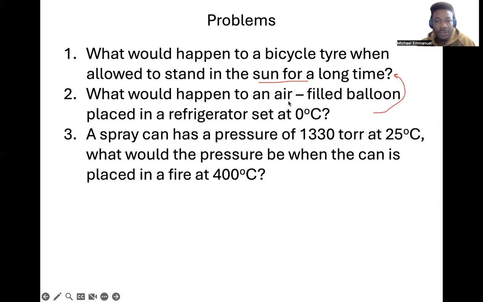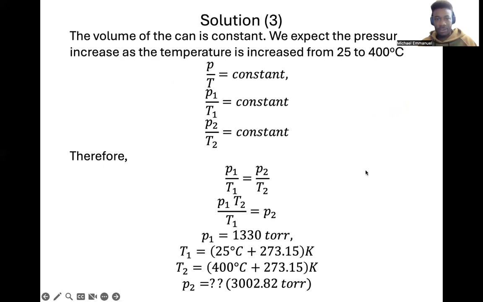Here we have a problem that says a spray can has a pressure of 1,330 torr at 25 degrees Celsius. What would the pressure be when the can is placed in a fire at 400 degrees Celsius? This problem is showing us the application of the gas laws.